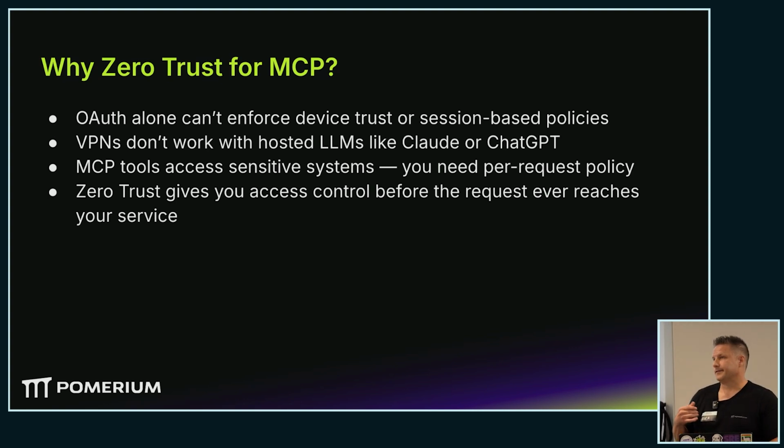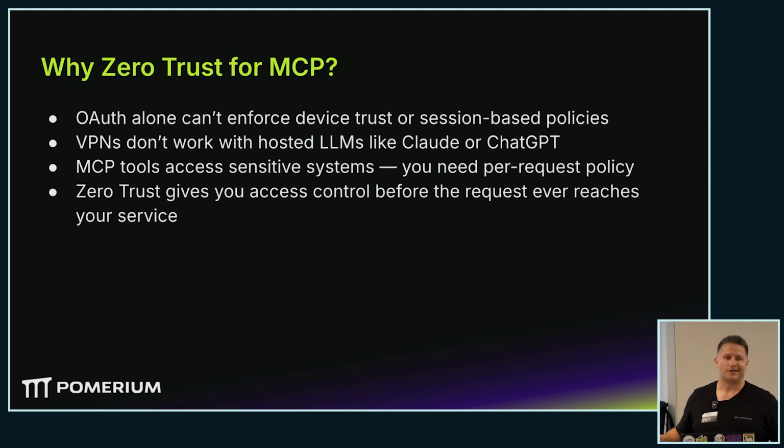The other thing is, if you're at your job and you're like, we're going to build all these cool MCPs, and we've got our VPN, so we're going to secure it that way, that's fine if you want to have your own MCP client. But if you want to use something like Claude or ChatGPT, those are cloud hosted and they're unaware of your VPN, and they couldn't even be aware of it.